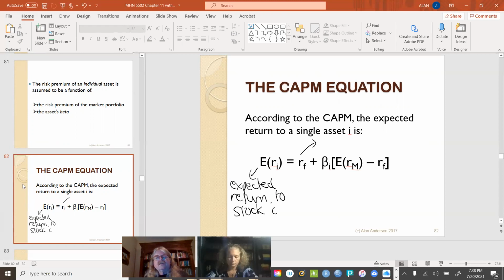This RF is the risk-free rate, which we can think of as the yield on a treasury bill. This is the stock's beta.